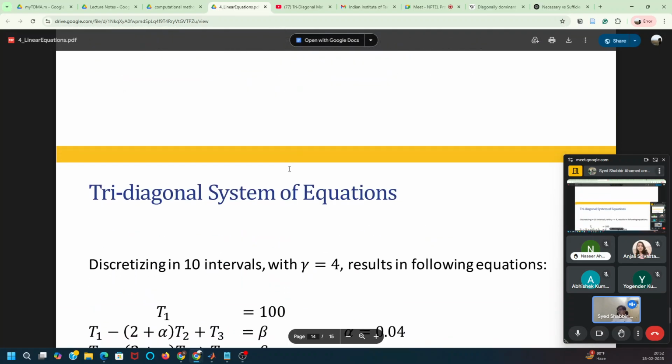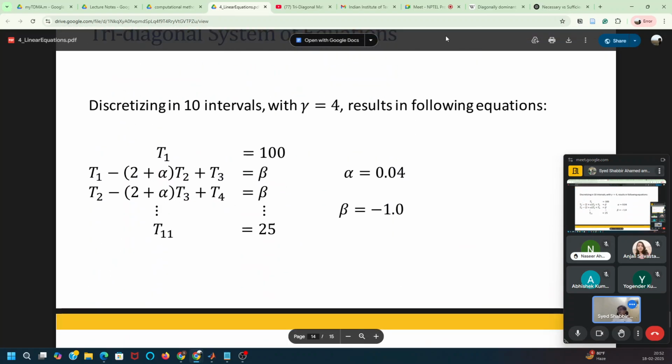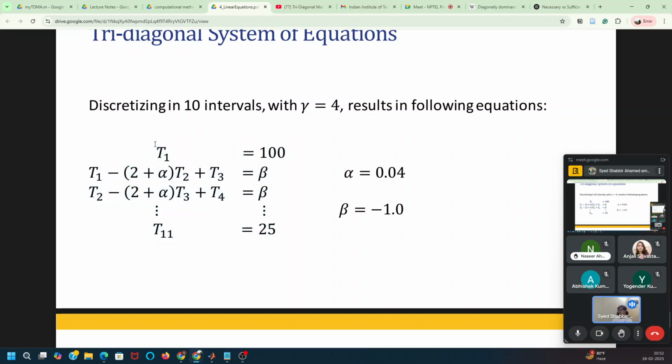Basically, after discretizing it, you will get this system of equations. Because we have 10 intervals, we'll get a system of 10 equations, and if we solve it, we'll get the temperatures from T1 to T11: at x equals 0.1, what is the temperature, at x equals 0.2, what is the temperature, at x equals 0.3, what is the temperature.